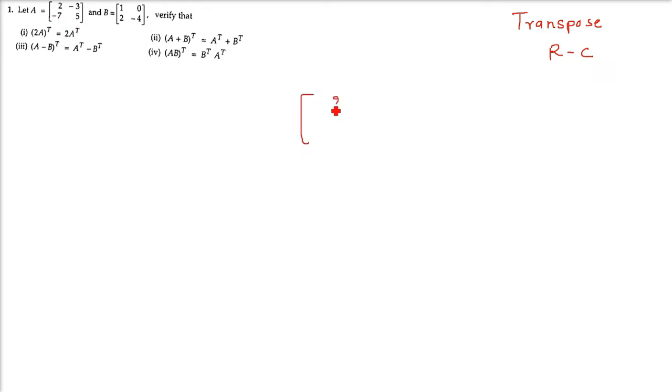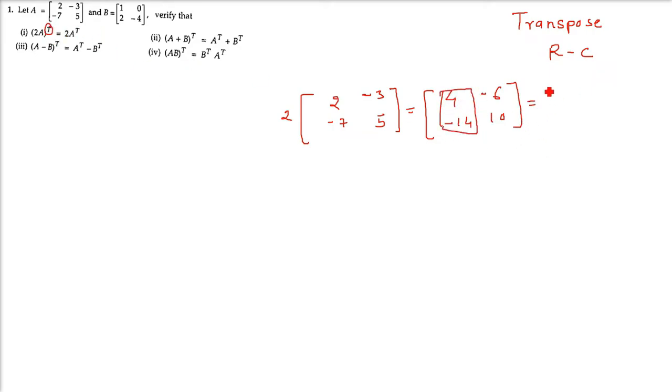First one, A is [2, -3; -7, 5]. So we have to multiply it by 2 because it is twice of A being given in the question. So what do we get when we multiply by 2? 2 times 2 is 4, -6, 7 times 2 is 14, -14 and 5 times 2 is 10. Now take the transpose, rows to columns.